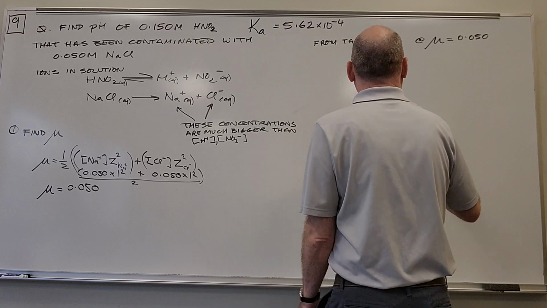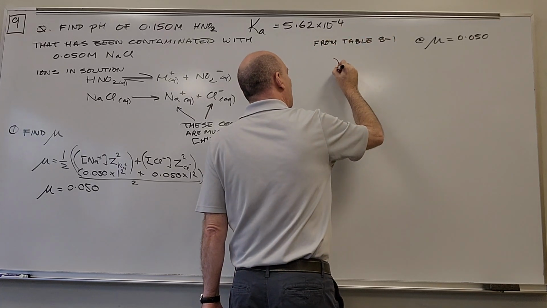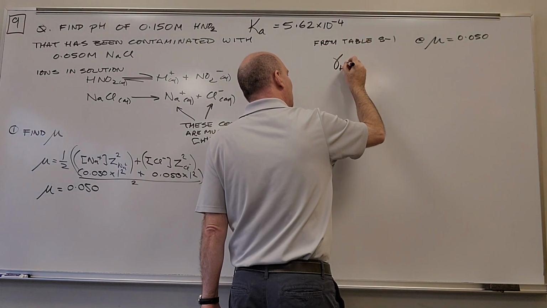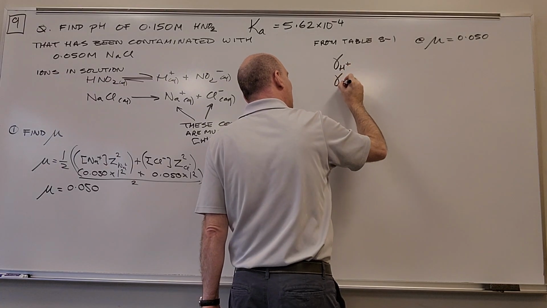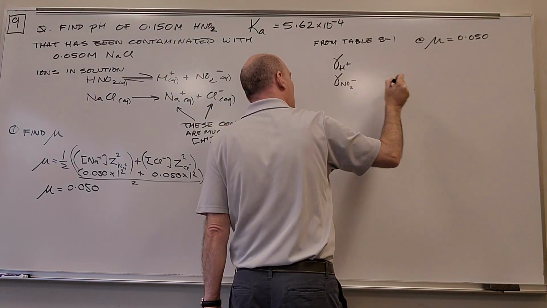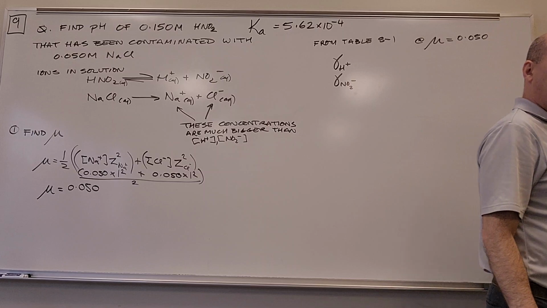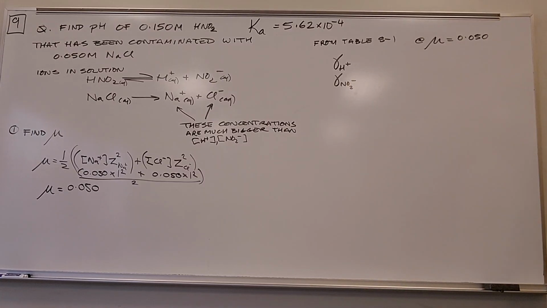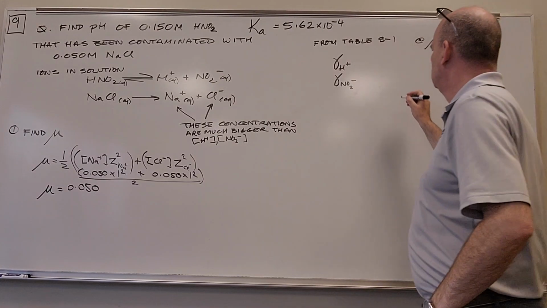Yes. So the values that you have to go find are the activity coefficient for H plus and the activity coefficient for nitrite. It's in the table. H plus is 0.86.